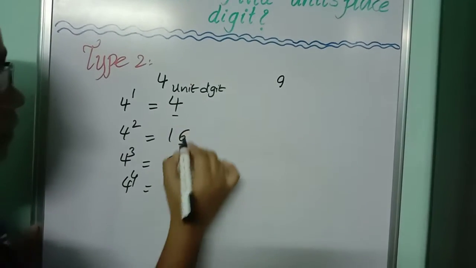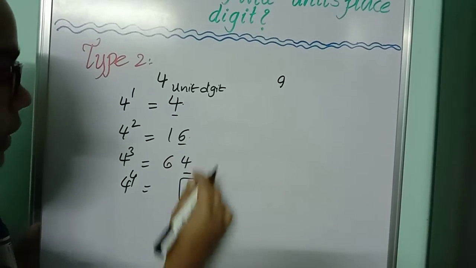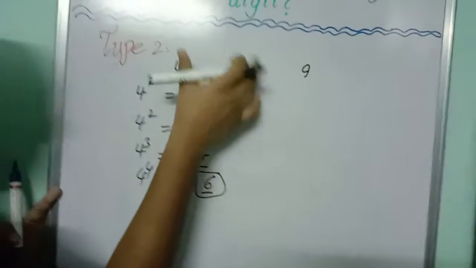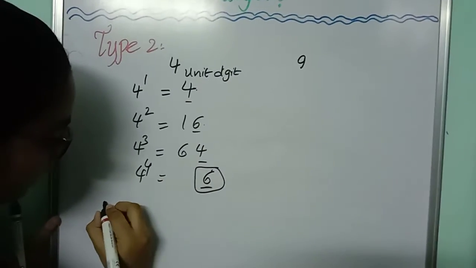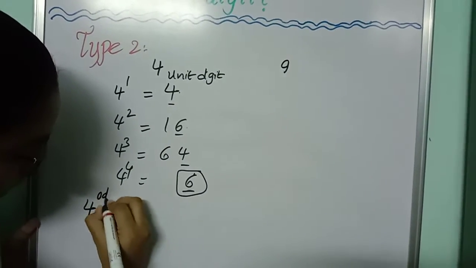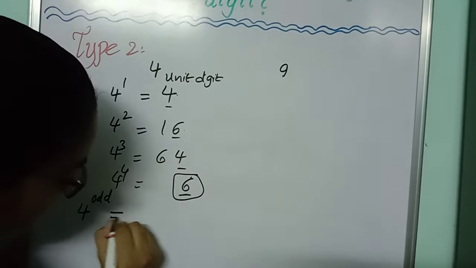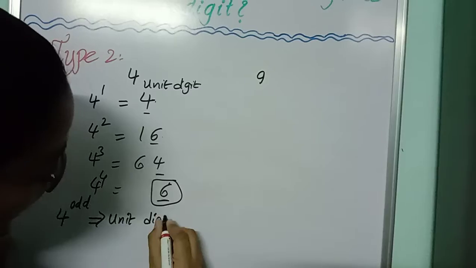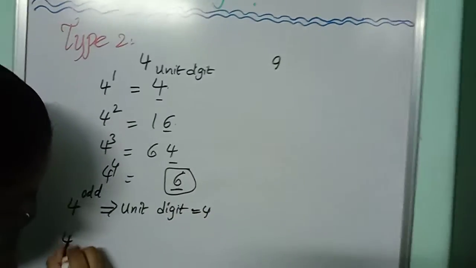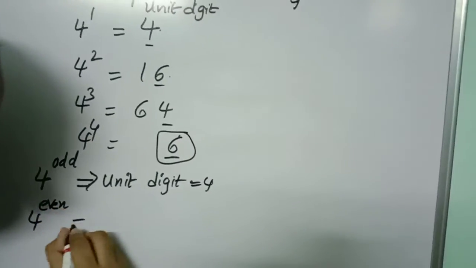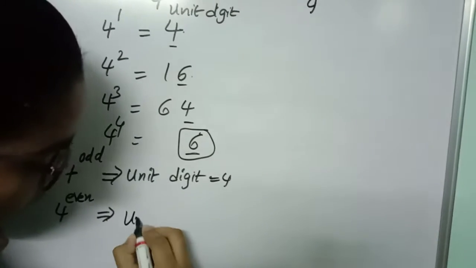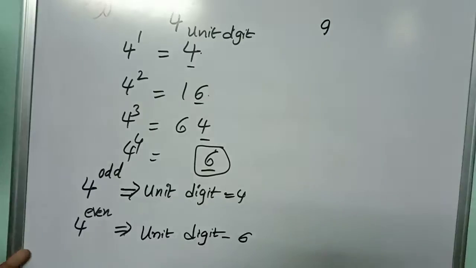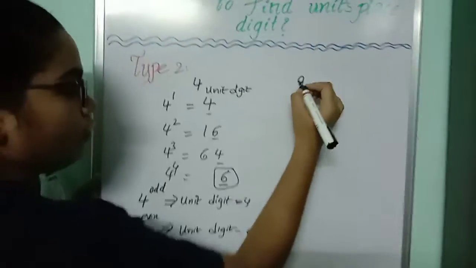Here if you observe, 4, 6, 4, 6, it is repeating after 2 digits. From this we can conclude that if 4 power odd is given, then the unit digit becomes 4. If the question is asked in the form of 4 power even, then the unit digit is 6.